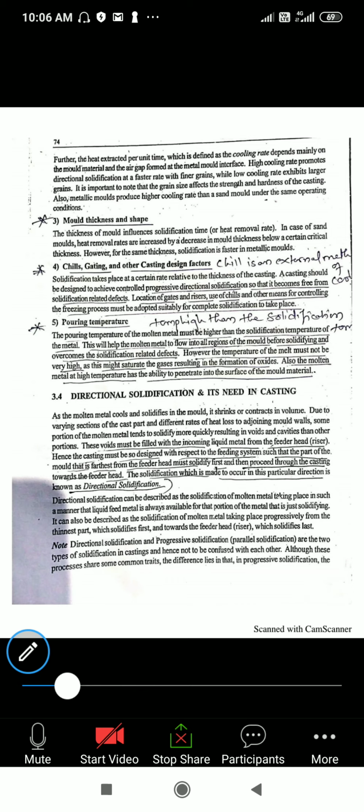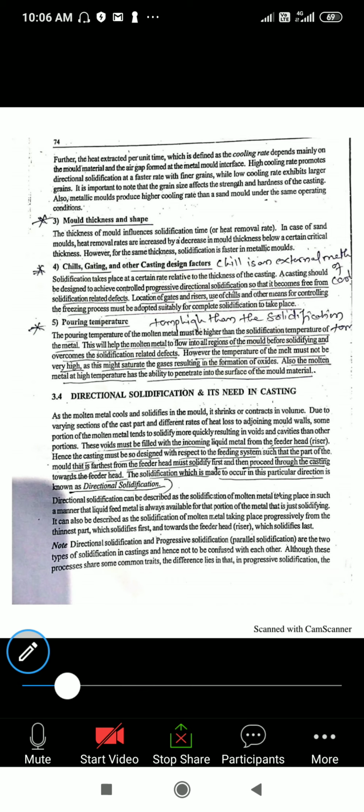The solidification variables: what are the variables to be controlled during solidification that you are going to study. The types and compositions of the casting alloy, thermal properties of both the alloys and the molding materials, and the cooling rate also. This is one of the solidification variables that you have to keep in control. Then next, the mold thickness and the shape.